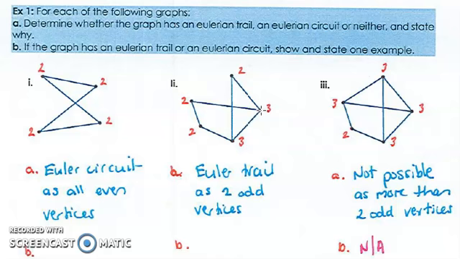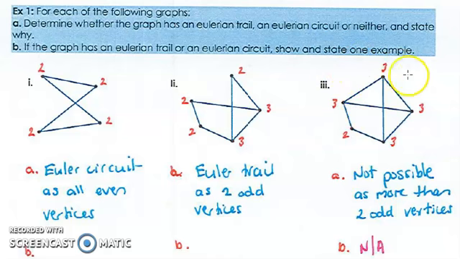So if we want to start here, maybe we can go 1, 2, 3, 4, 5, 6. So it started here and ended there. And we can do that in reverse, starting here and ending there. So it always starts at one of the odd vertices and ends at the other odd vertex.